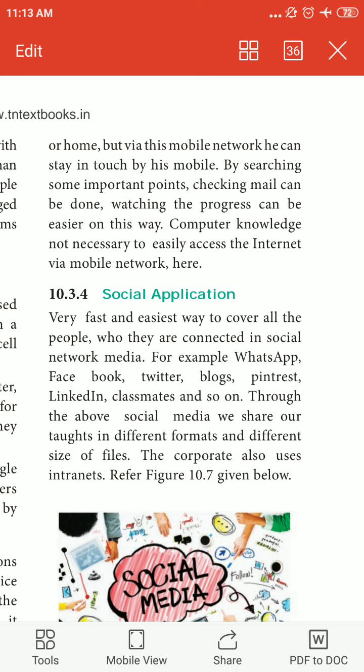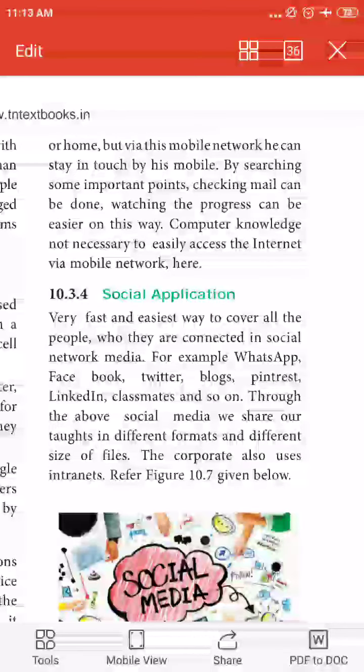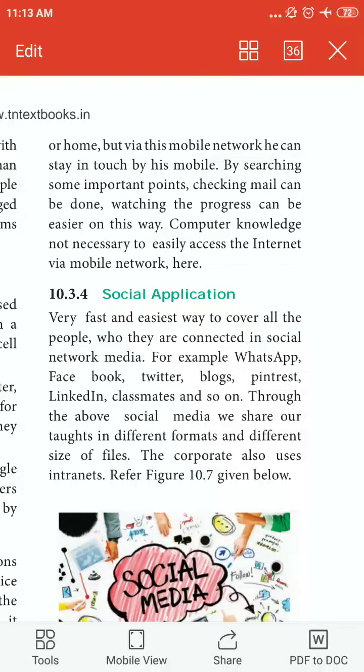Computer knowledge is not necessary to easily access the internet by mobile network.